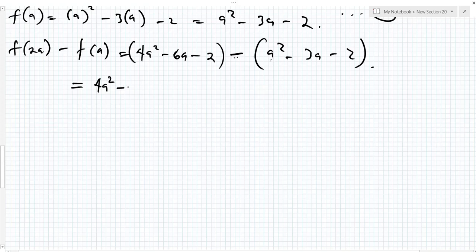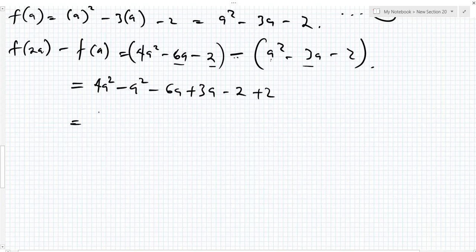Here you have minus 6a, and the like term here is minus times minus 3a, which gives you plus 3a. Now you have this other one, minus 2. This is the constant term. Minus 2 with minus 2 gives you plus 2.